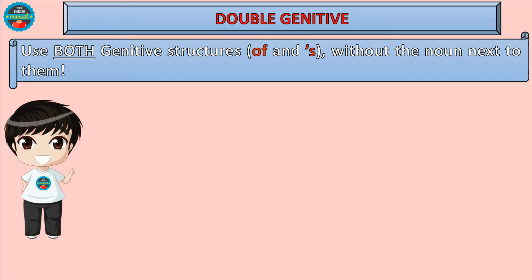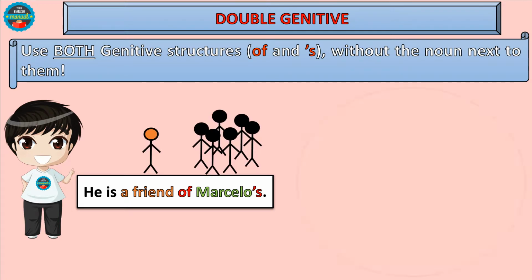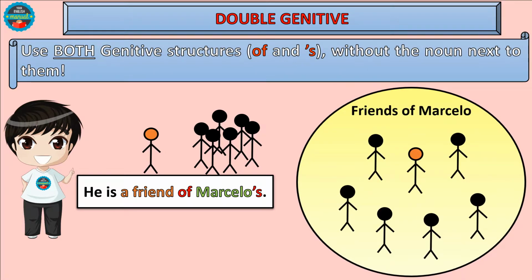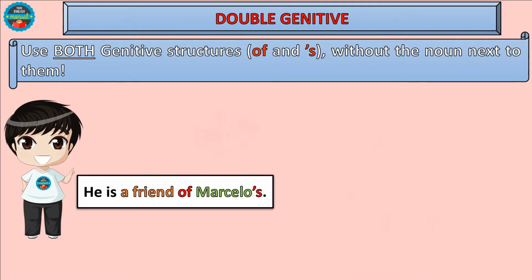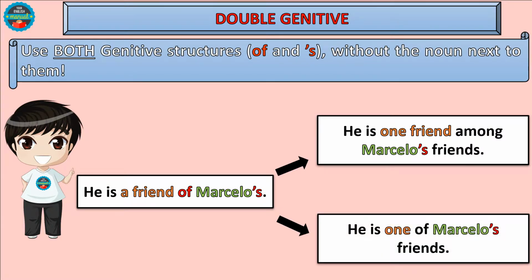Look, when I say he is a friend of Marcelo's, it's as if I'm saying he is one friend among Marcelo's friends. That is, he's just one friend within the group of Marcelo's friends. He is only a part of the bigger group. It's like we're saying he is one friend among Marcelo's friends, or even he is one of Marcelo's friends, you know?